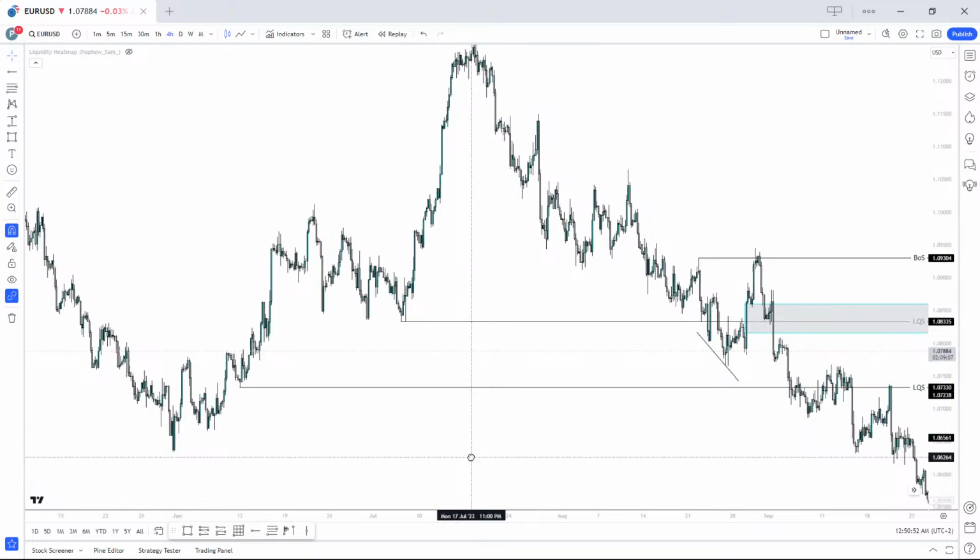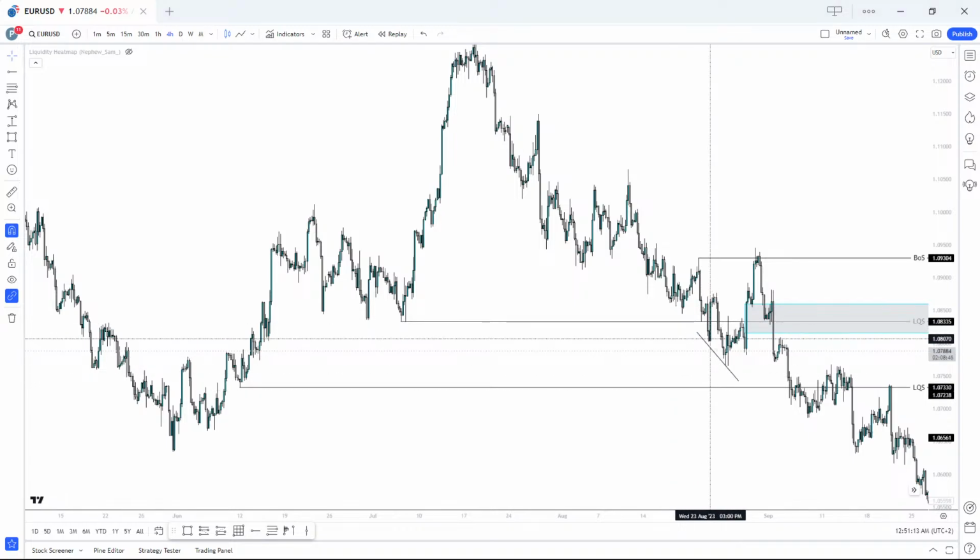Should I mark this up right now? Yeah, I'll mark this up right now, why not? Okay, so let's see. Swap the liquidity.